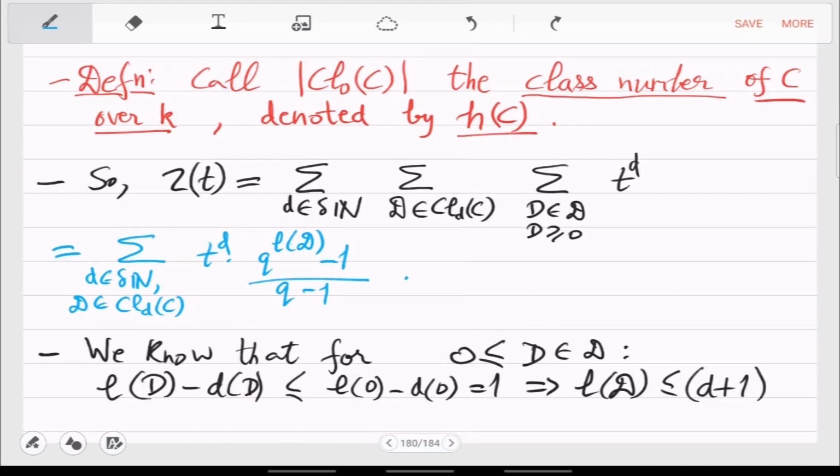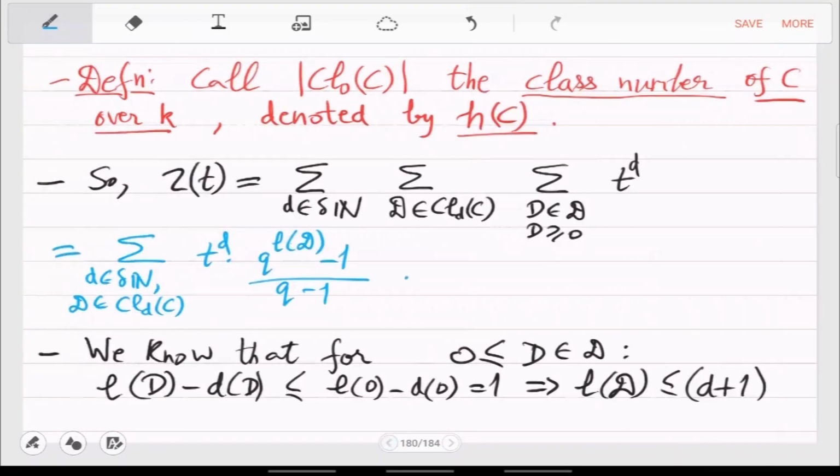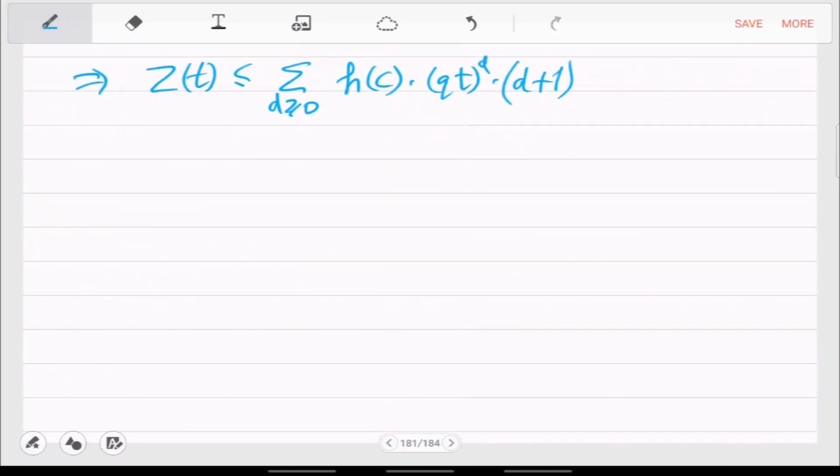So you have Q raised to L minus 1 plus Q raised to L minus 2, up to Q raised to 0. So you have L many things, which is upper bounded by D plus 1. So you get a lazy bound: D plus 1 times Q raised to D, and t raised to D sits there as the monomial.